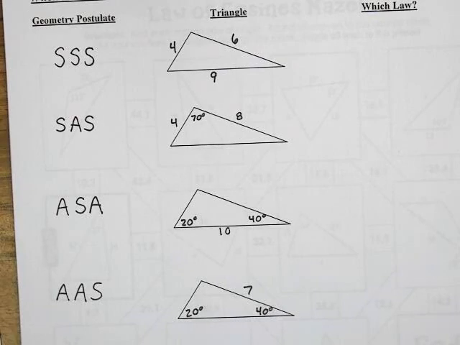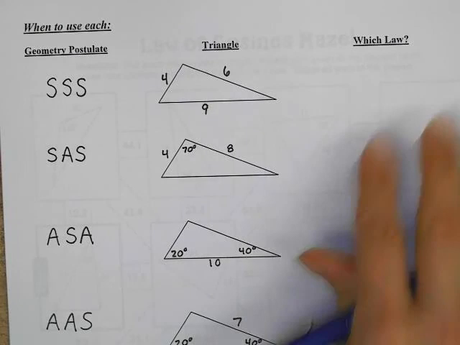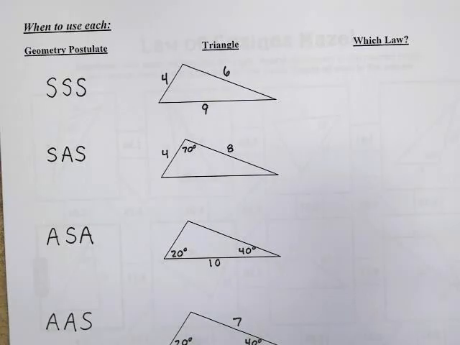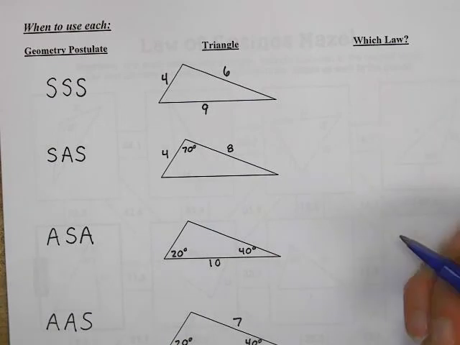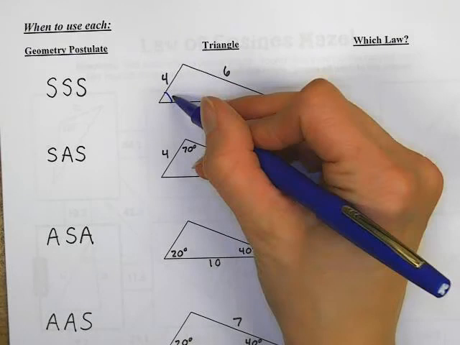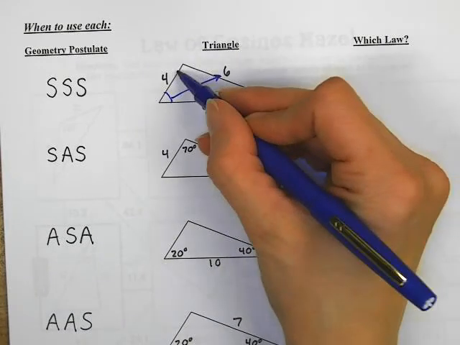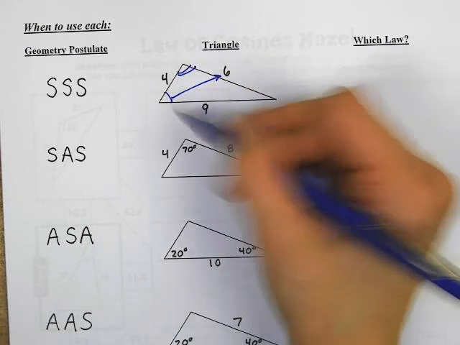The next thing I'm going to do is just take a look at some triangles here. If we have a side triangle, okay, which law would we use? I always start off by saying, can I do the law of sines? Because that formula is so much easier. Sine of missing angle over 6, sine of, oh wait, there's too many missing angles. Yeah, you can't do law of sines.